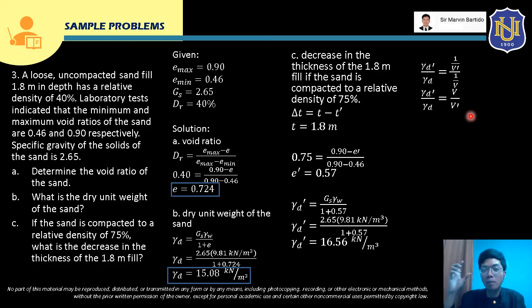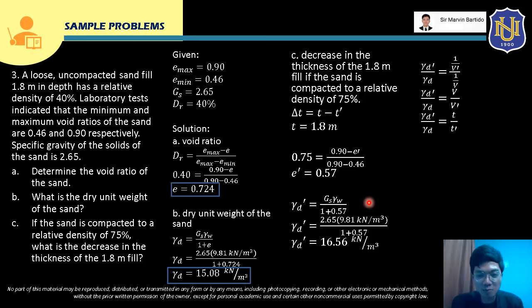On the other hand, kapag lumiliit yung volume, yung thickness lumiliit. So, ibig sabihin, pwede rin nating i-relate class yung gamma dry prime at saka yung gamma dry dun sa thickness. So, yung corresponding thickness class dito sa V na to is T. And then, yung corresponding thickness para dito sa V prime is T prime. So, class itong T prime, ito yung corresponding thickness para dun sa panibagong gamma dry. No? Tapos ito namang thickness na to, ito yung corresponding thickness para dito sa initial na gamma dry.